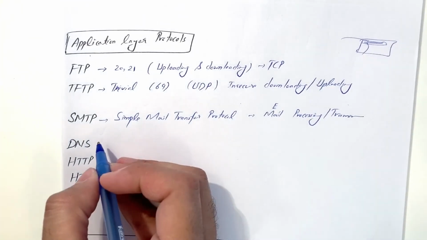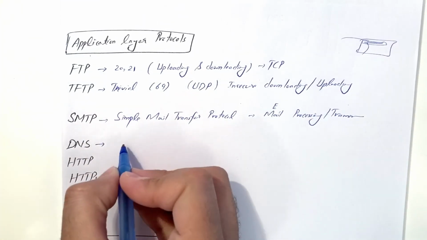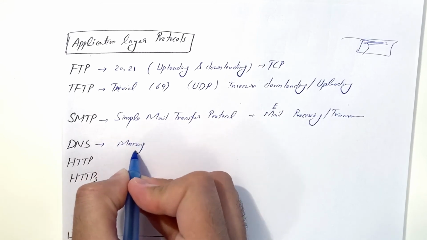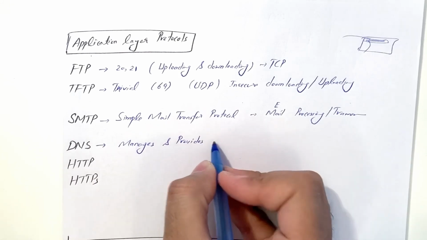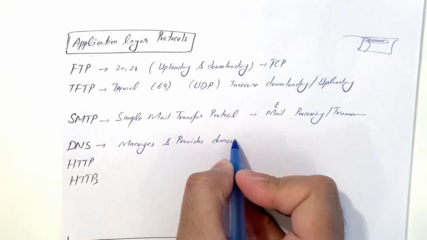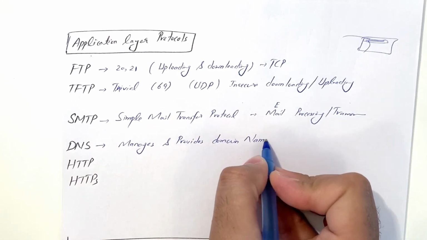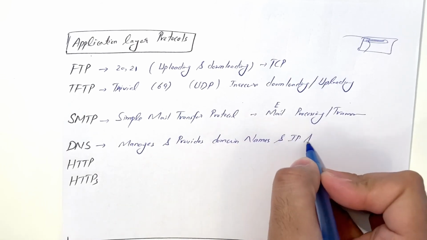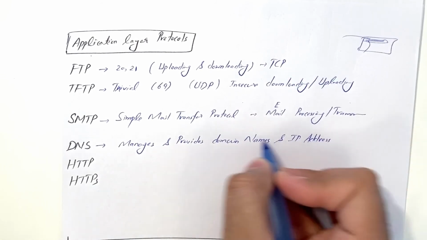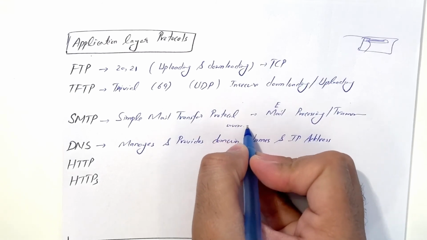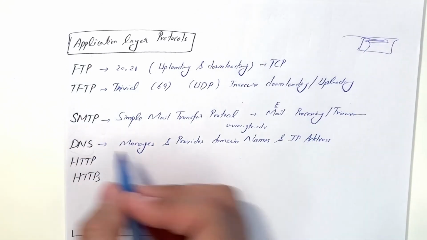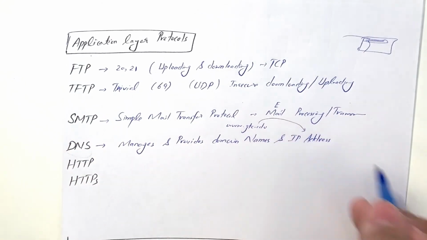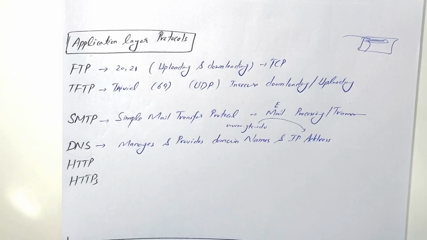DNS, Domain Name System, manages and provides domain names and IP addresses. Basically, it resolves the domain name into an IP address. Let's say www.gtc.edu, that's a domain name. The DNS protocol translates the domain name into an IP address, because if you want to access any computer over the internet, you need to know the IP address.